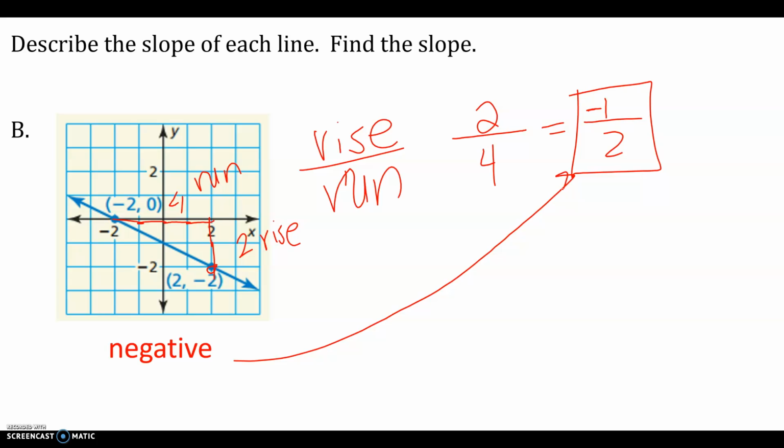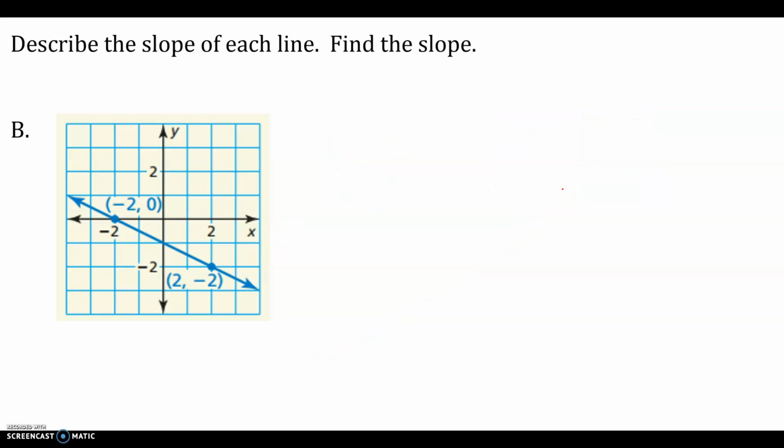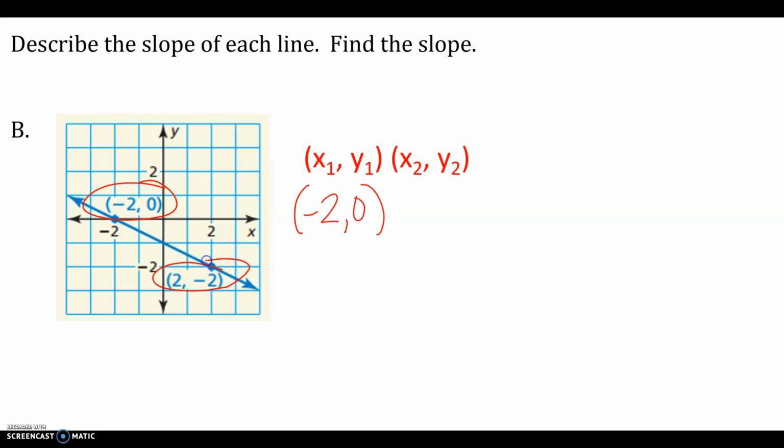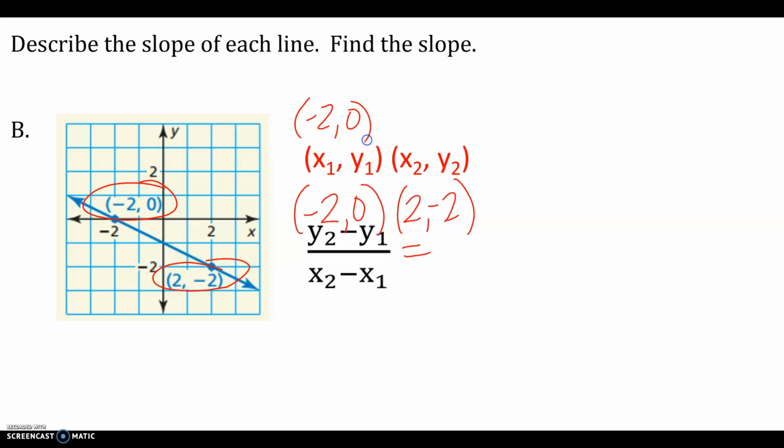Same problem, but now we're going to use the formula. Let's use this one as our first point, and this one is my second one. There's our formula. I'm going to put these up here so it's better.